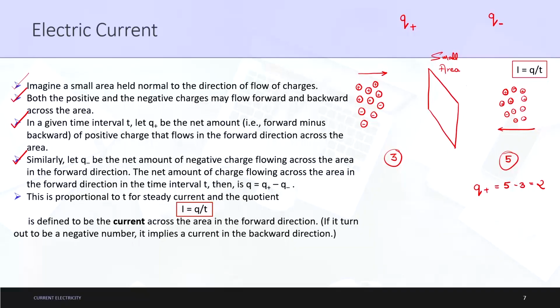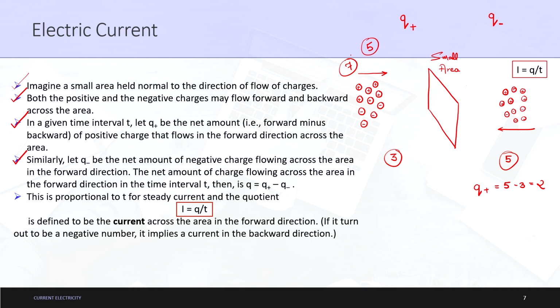Now please look into this, why I made this diagram and explain to you, because here q plus refers to the amount of positive charges that is in movement. Let us suppose there were 7 positive charges here totally, only the movement was being done by 5 positive charges. So the current which we will try to derive in the subsequent points will be only due to those charges which are in movement.